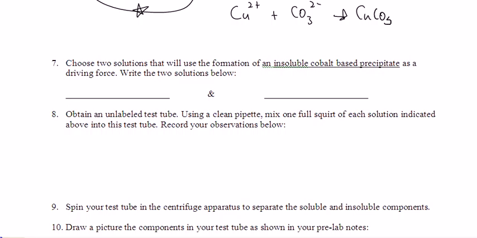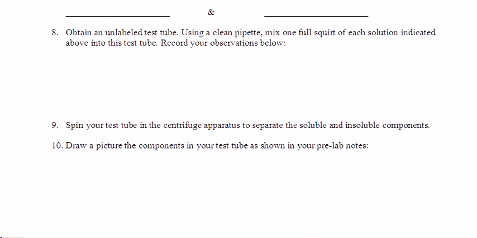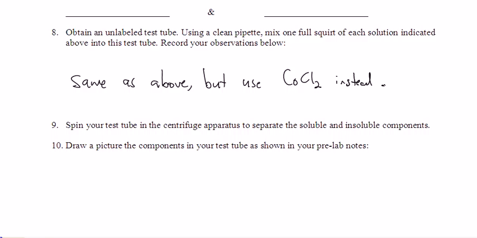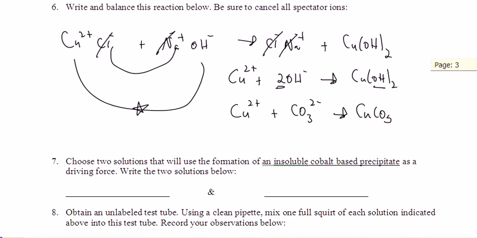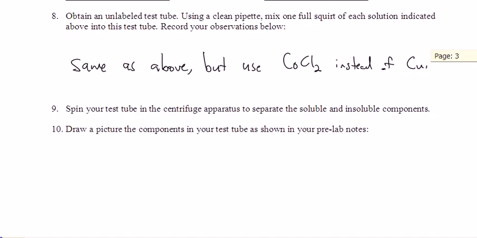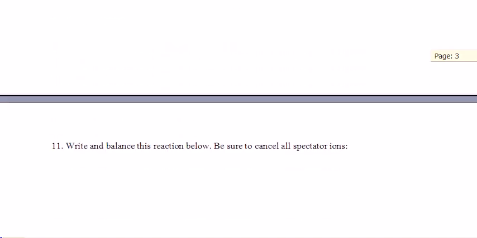Cobalt precipitate. Now, what I'm going to do here is, this is going to be the same as above, but use CoCl2 instead of Cu. So every place where you see a Cu, if you substitute it with a Co, you will have that reaction done. So I'll let you go ahead and do that.